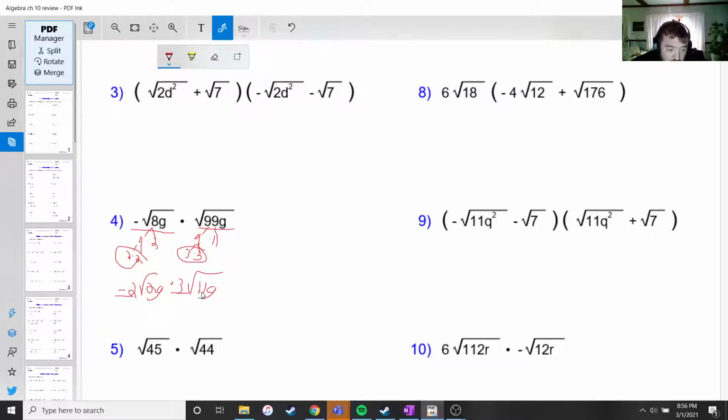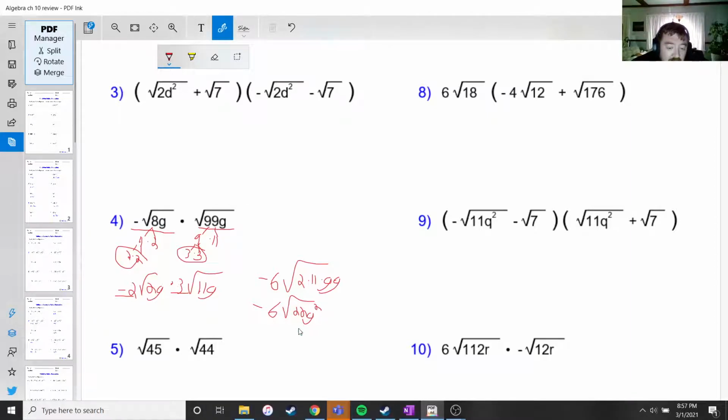Now, multiply the coefficients and you're going to get negative 6. Multiply everything that's inside of here, so then you're left with 2 times 11 times g, which is negative 6 radical 22g squared.